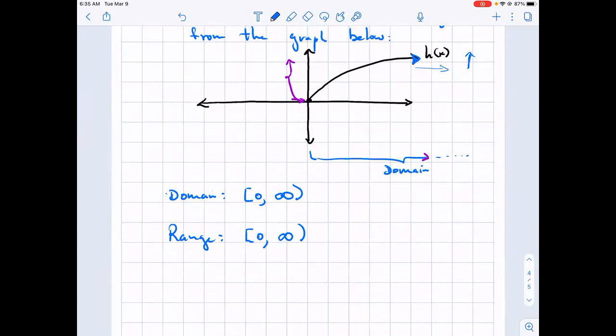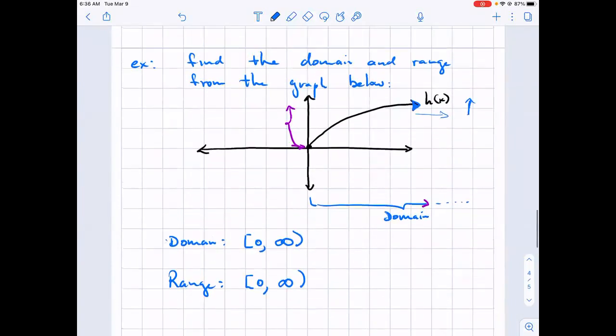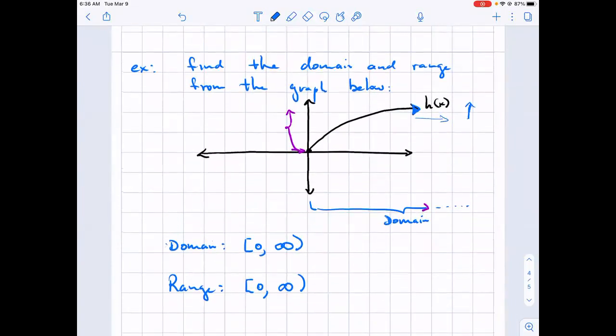In a later video, I'm going to show you a bunch of graphs, at least 6, 7 graphs, which we call the parent functions, and you should know what the domain and range is. So this is just an example of how to find the domain and range using graphs.